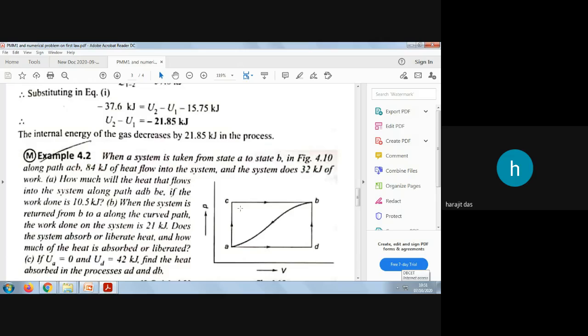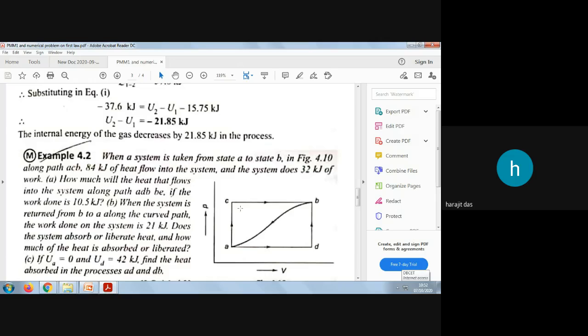These problems are not that tough, but you should know each and every small thing: the work done for a constant pressure process, a constant volume process, an adiabatic process, a polytropic process, an isobaric process, an isochoric process. All those terminologies and formulas you should commit to memory.